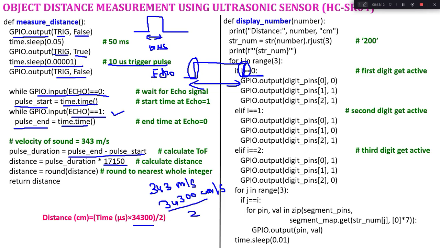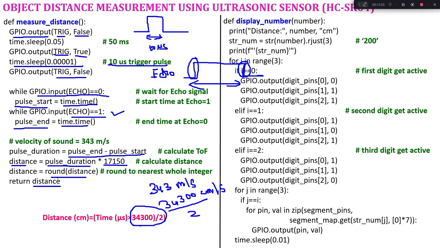That is what is given here: 34300 divided by 2, multiplied by the pulse duration. So we get the distance, round it off, and return that distance from this function. That is how we measure the distance of an object using an ultrasonic sensor.